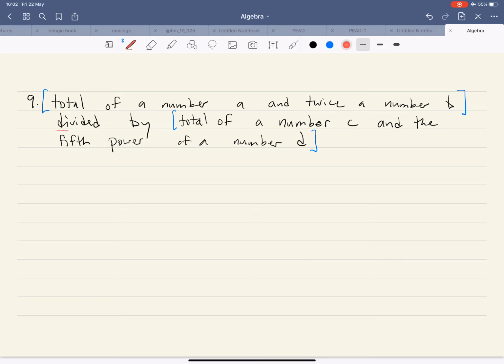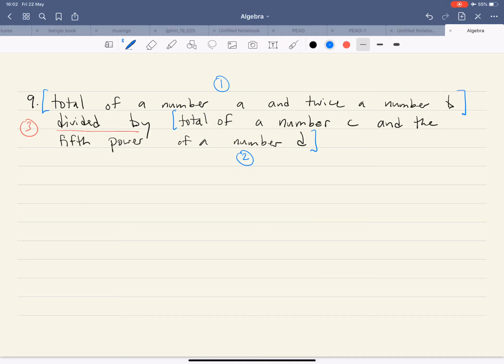And then divided by, that's what's linking those phrases together. So I'm going to call total of a number a and twice a number b subphrase 1. Total of a number c and the fifth power of a number d, that's going to be number 2. And then 3 is going to be for my linking. Okay, it's the exact same pattern that we had for the previous example.